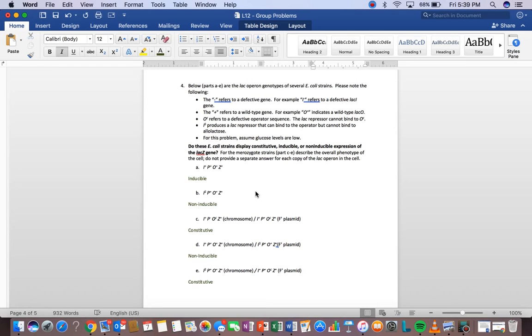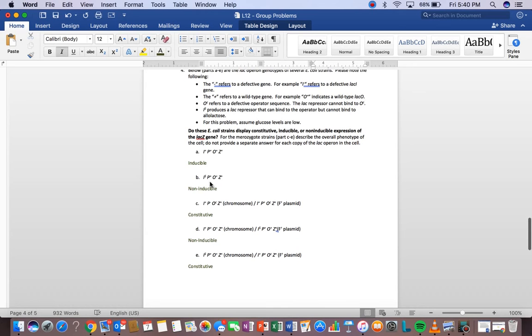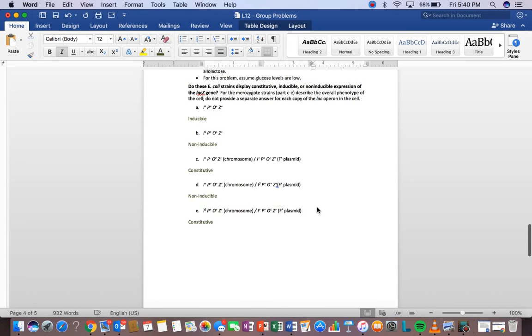For part B, we know this is non-inducible, because we don't know whether the presence of lactose is there or not, and so it cannot be transcribed, and therefore it's non-inducible.